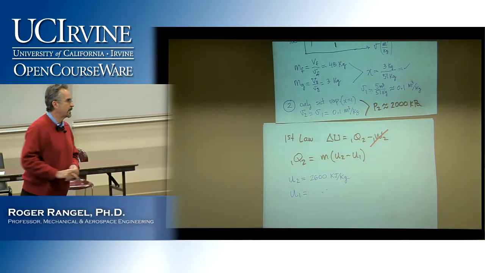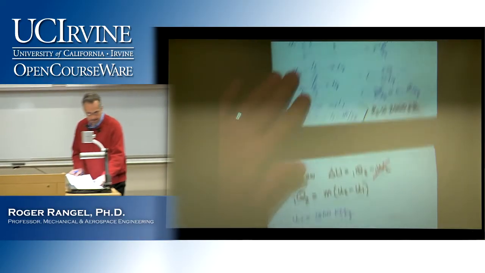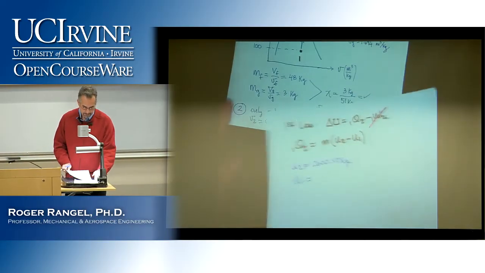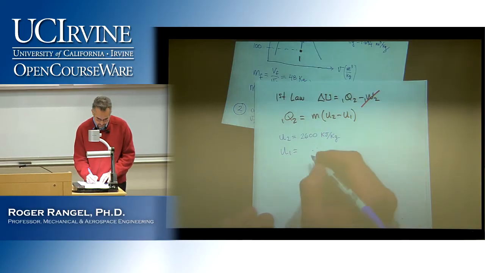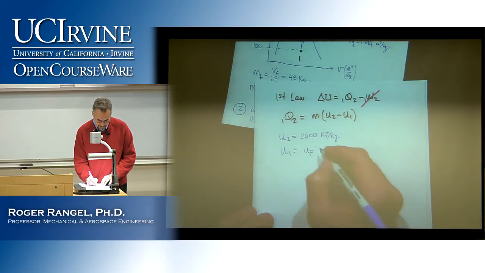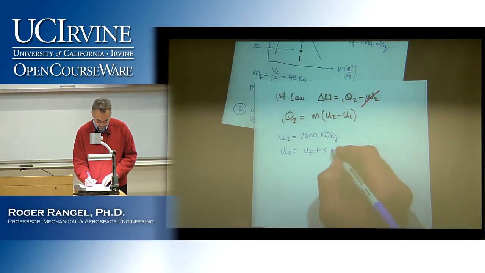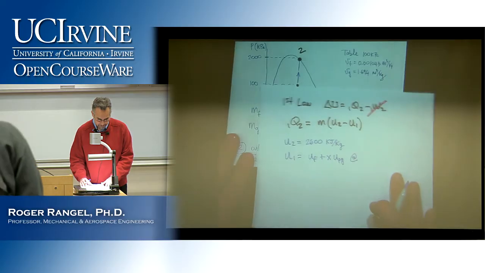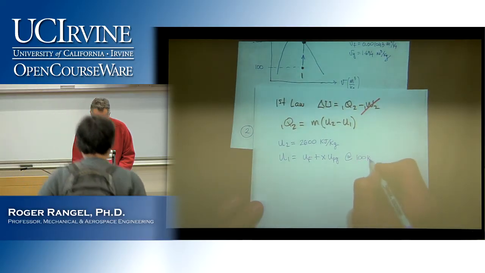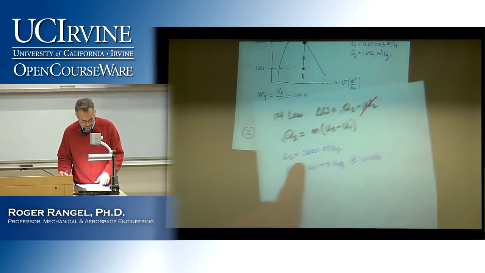Go back to the saturated table that we went in at the beginning at 100 kilopascals, right? And read UF and UG. So this is UF plus the quality that we calculated in the first part of the problem, times UFG. So all of this comes from the table at 100 kilopascals. So you read those numbers, compute your U1, and finish the problem.